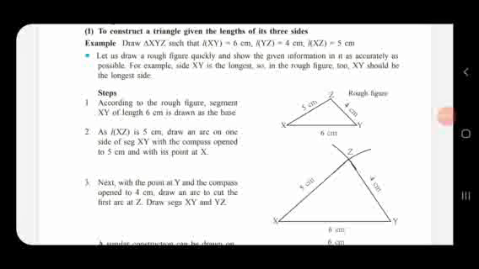consider this segment XY of length 6 cm is drawn at the base. Then length of XZ is 5 cm.